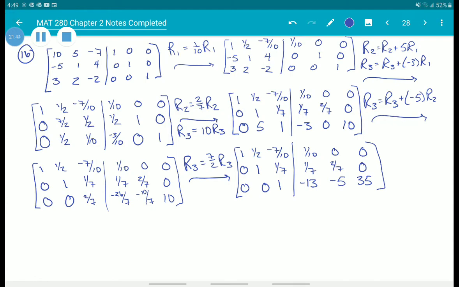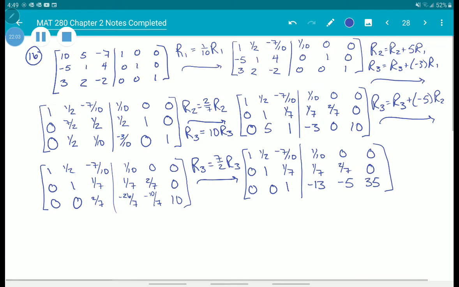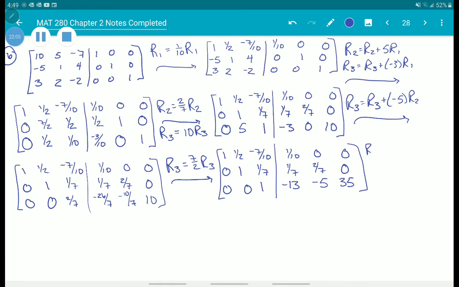So we're going to take row 2 and replace it with row 2 minus 1/7 row 3. And then row 1 is going to be row 1 plus 7/10 row 3.